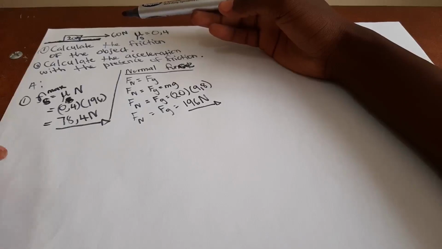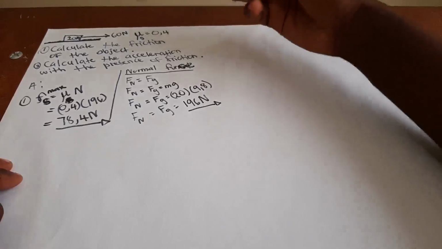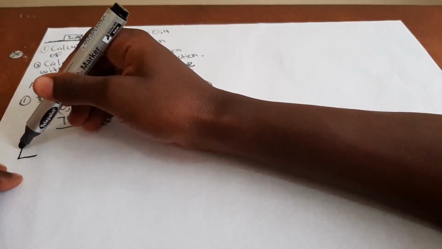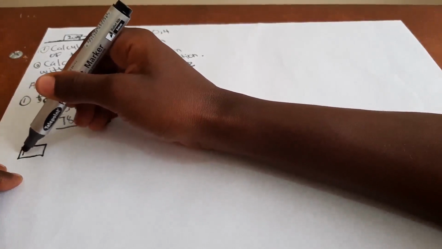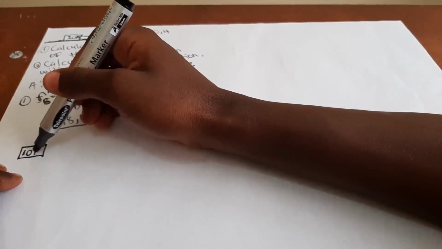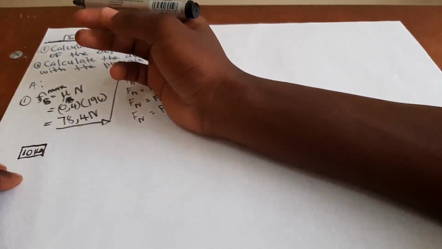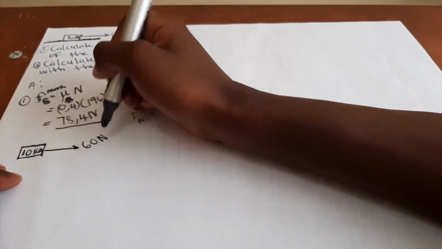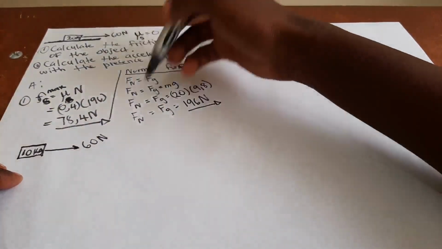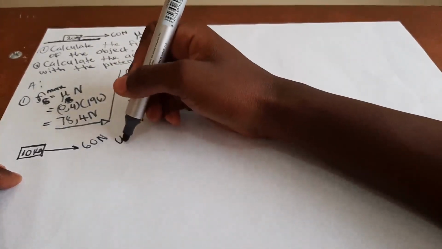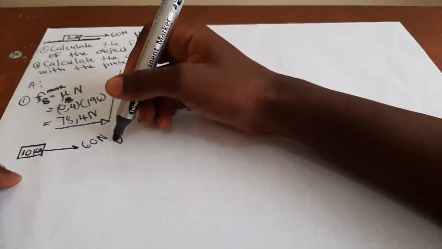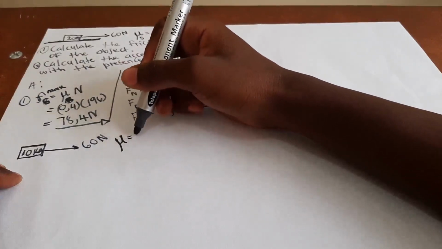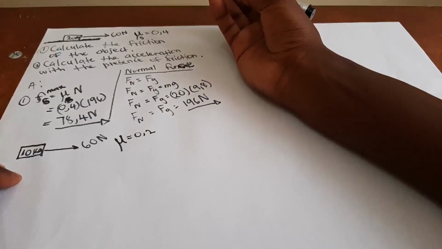So we have a 10 kg block being pulled this way by 60 newtons, and the roughness, let's say, is 0.2.